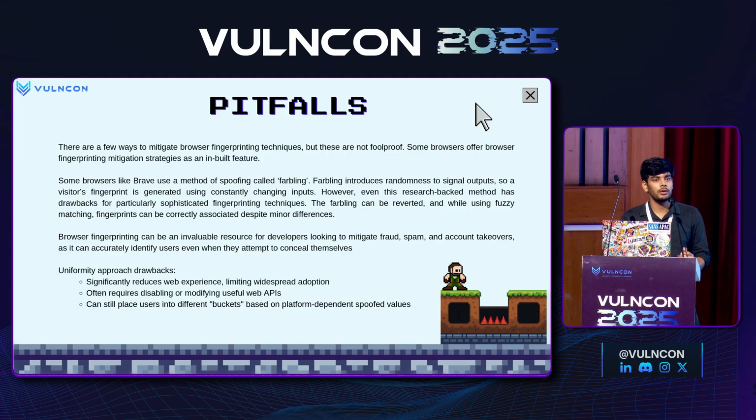For example, if the value of the web audio API was 124 for the same browser, if we refresh it, it will give a value of 120, because it randomizes the outputs the browser initially gave. Now, these farbling methods have been known to be bypassed by using fuzzy matching fingerprints, despite these minor differences.